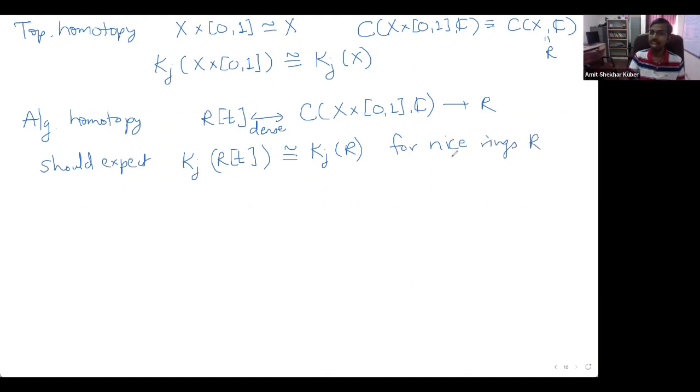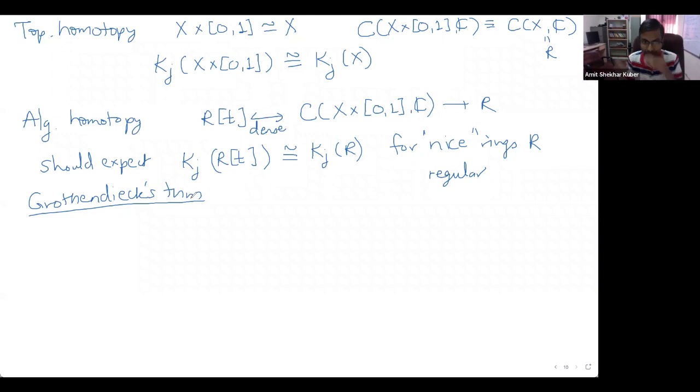Well, actually it does happen, and the word nice stands for regular. This is a theorem of Grothendieck: Kj of R[T] is isomorphic to Kj of R for regular rings. That's why we studied regularity.